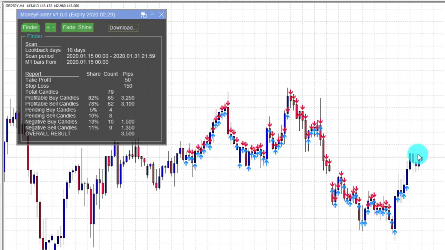So for instance, there are candles there that are still open on the sell basis, but not on the buy basis. Some of them have already cashed in on the buy basis, and because we're only covering 16 days, you won't see any results for those that are further than 16 days away. So that gives you an idea of how the EA sits on the charts.